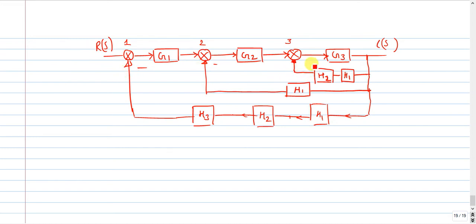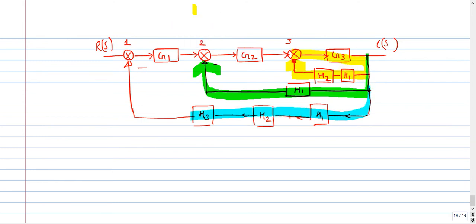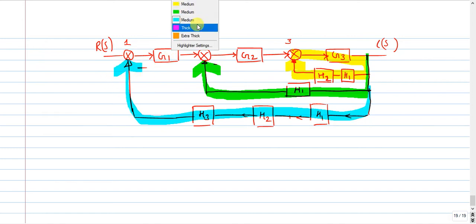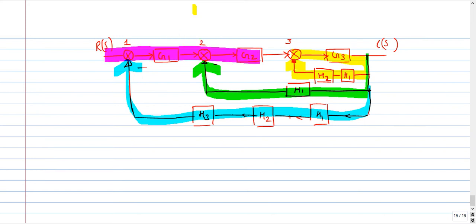Now if you analyze carefully, we have three minor loops. So let me represent the same. This is the first loop, and the second loop, this is the second loop, and we have the third loop, this is the third loop, and this will be our main forward path.